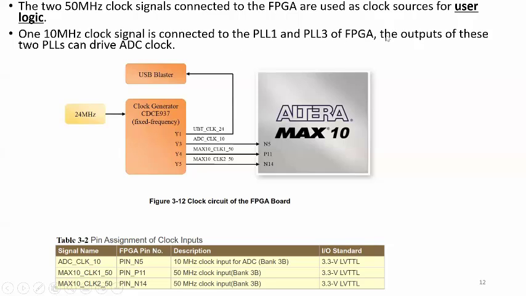Those are connected to the outside world output for driving analog to digital converter. When you have analog to digital converter, you may not have very fast analog to digital converter.